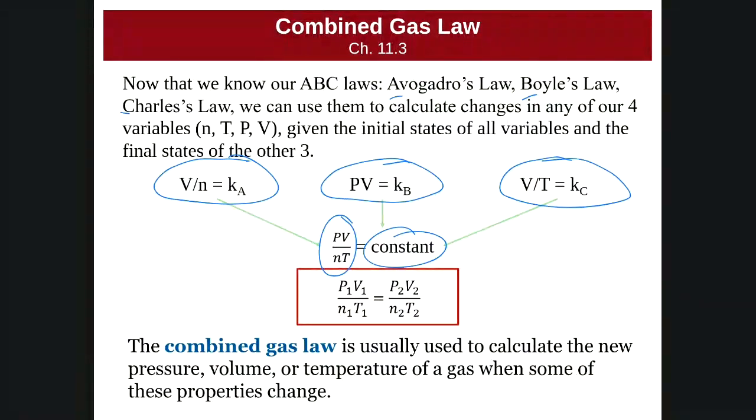Which means, like we saw for each of our ABC laws, for example, for Boyle's law, we saw that P1 V1 equaled P2 V2. So now we're going to do something similar with all of our variables, and we're going to see that P1 V1 over N1 T1 is equal to P2 V2 over N2 T2. This is what we call the combined gas law.